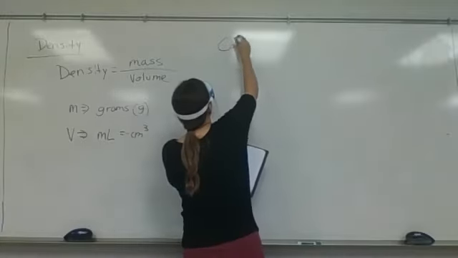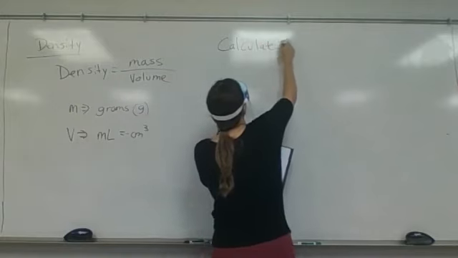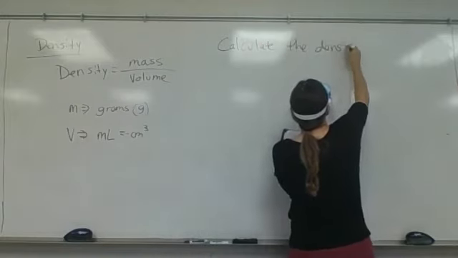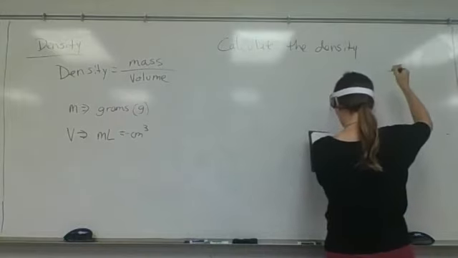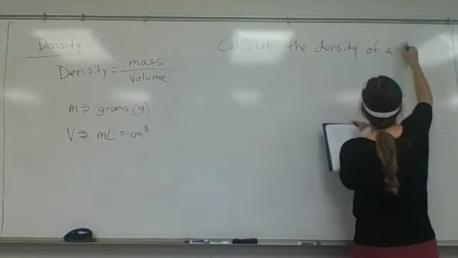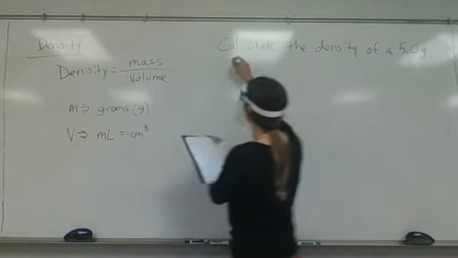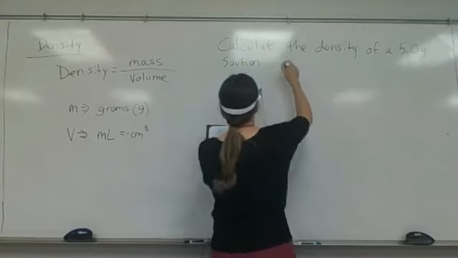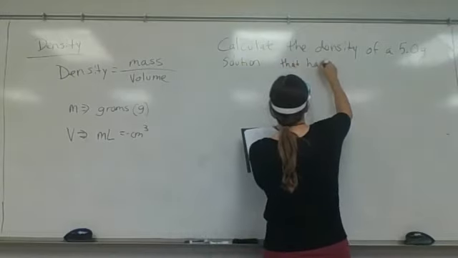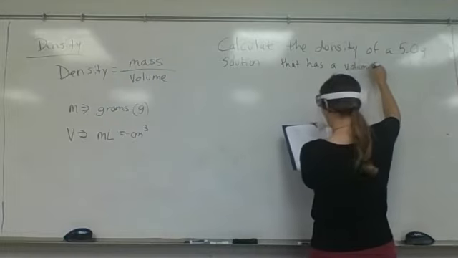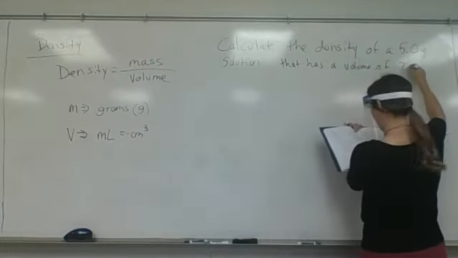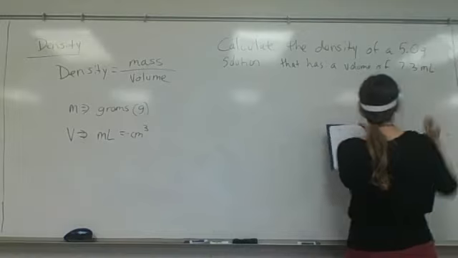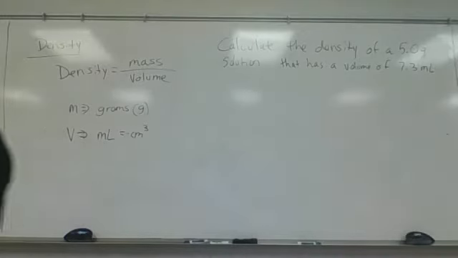So an example would be if I asked you to calculate the density of a 5-gram solution that has a volume of... so this will be the most straightforward one you'll see.